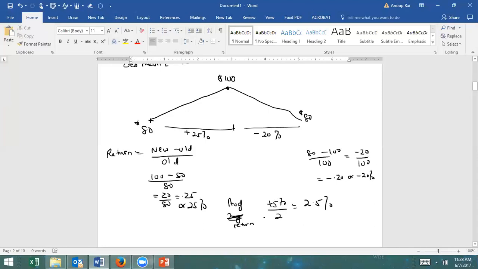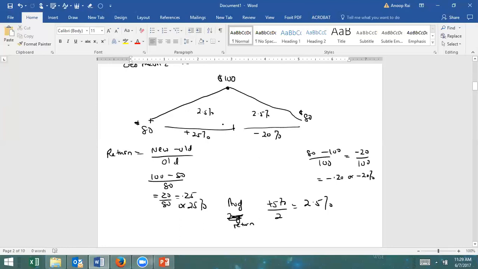So on average, I made 2.5% per year. Because I made 25 in the first year, I lost 20 in the second. So combined I'm still up by plus 5, divided by 2, it's 2.5% per year.